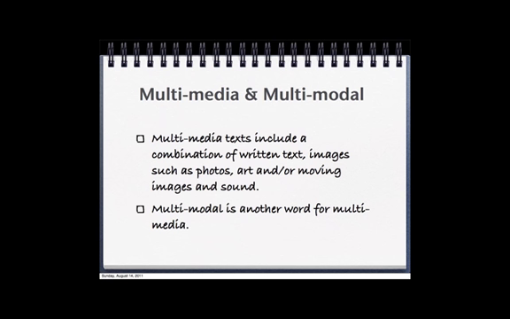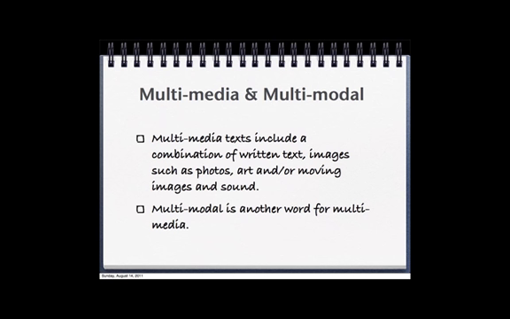You've really moved into a multimedia, multimodal culture. And so what this means is that a multimedia text includes combinations of written text, letters which form words on a page, images such as photos, which we saw in some of the ads, or art, right?